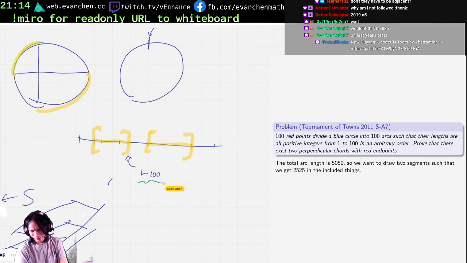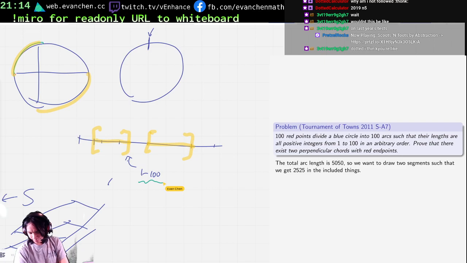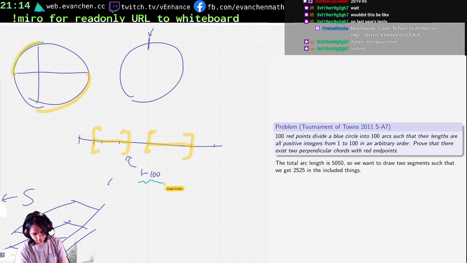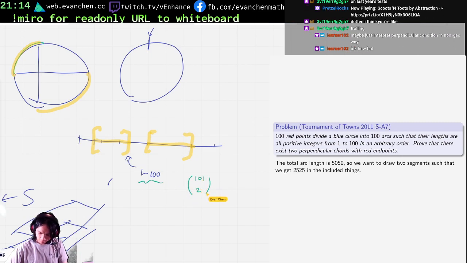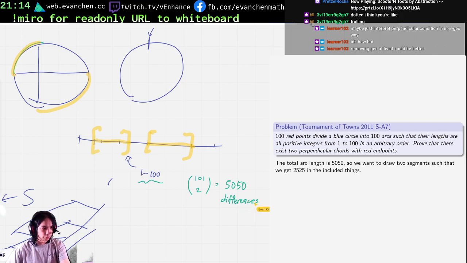I really just try to solve a problem. I don't see how. How many differences are there? There are like 101 choose 2, which is 50-50 differences between like two things.